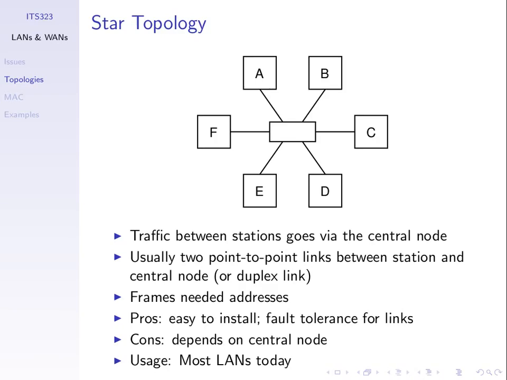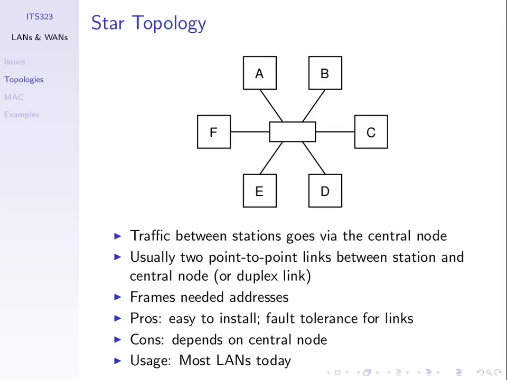The main one used in LANs today is a star topology. We connect all our stations to some special central node. It's not a station. We'll often refer to it as a hub or a switch. And we usually use point-to-point links from the station to this central node.